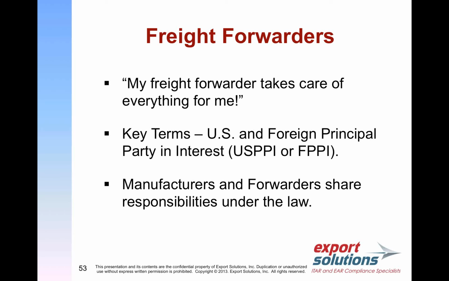And then, of course, manufacturers and freight forwarders do share responsibilities under the law. So if someone's going to set them up to be a freight forwarder, they really need to know what they're doing, and you need to know what you're doing when dealing with them, because if a violation were to occur, the State Department is not going to assume that it was your freight forwarder's fault or that it's always your fault. They're going to look to see really where the problem was, who did what, and who's at fault. So basically, you share that responsibility with the freight forwarder.